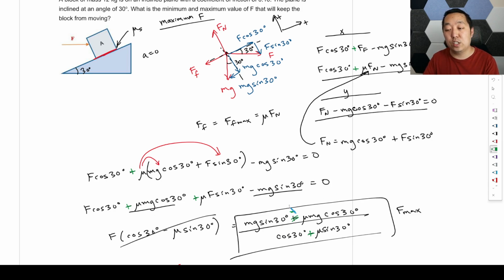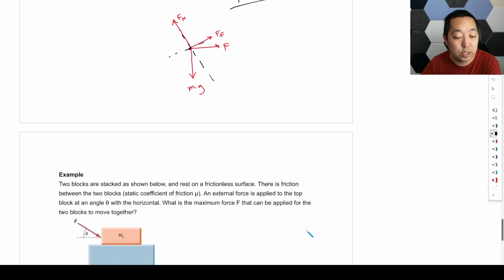Go through the exercise yourself. I don't think it's super challenging, but see how changing the direction changes the number. It's going to make it smaller if you plug in the numbers, because the numerator gets smaller and the denominator gets bigger.